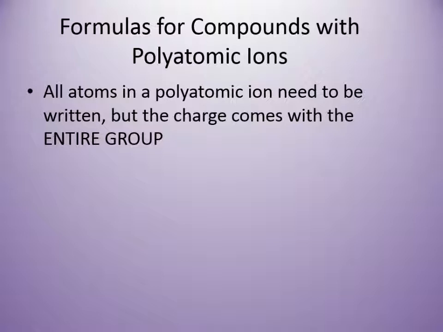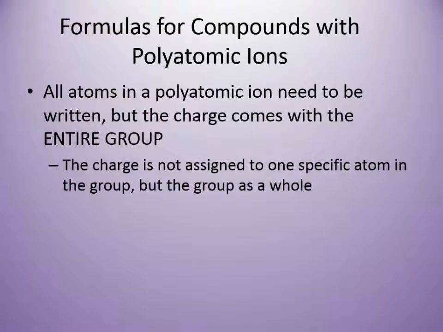That negative charge on hydroxide, OH -1, that negative charge doesn't come with the oxygen, and it doesn't come with the hydrogen. It comes with the group as a whole. Okay? So the charge is not assigned to one specific atom in the group, but to the group as a whole. They act together as a single unit. Even though it's 2 atoms, or 3 atoms, or 4 atoms, depending on how many are bonded together, they come as a package. All right?